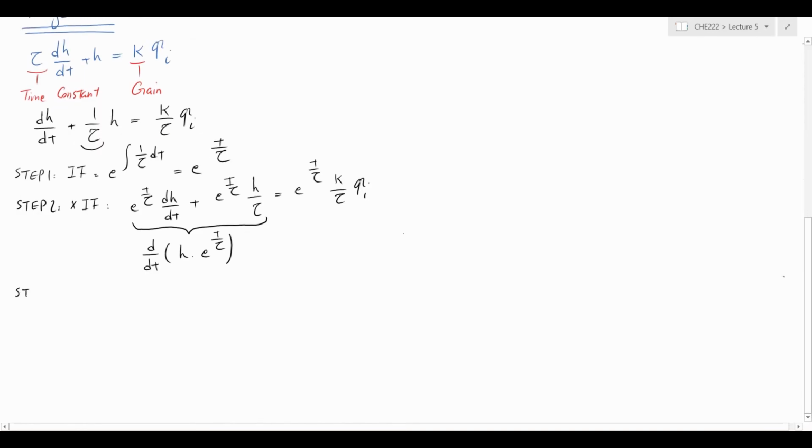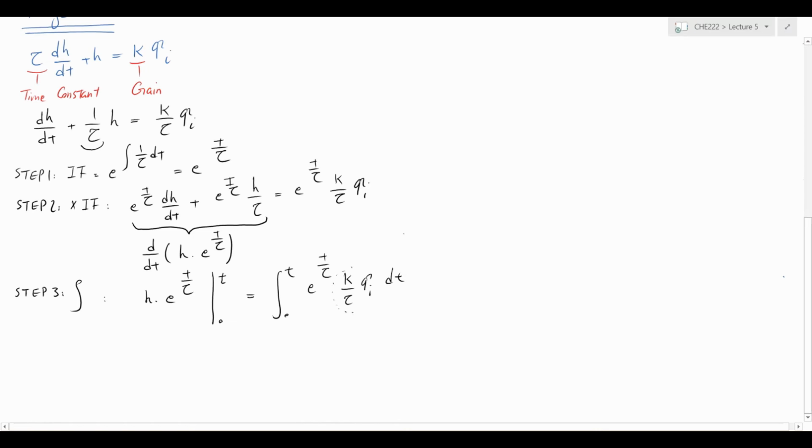Now step 3 is to integrate the two sides of the equation. The left hand side is simple: h times e^(t/tau), evaluated from 0 to t. The right hand side is the integral from 0 to t of e^(t/tau) k/tau qi dt.